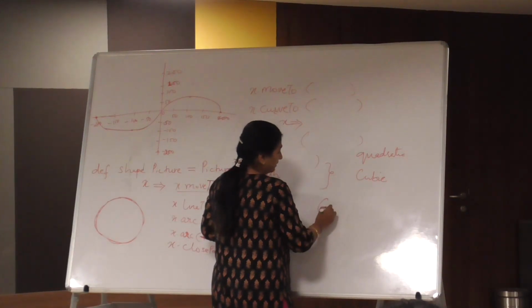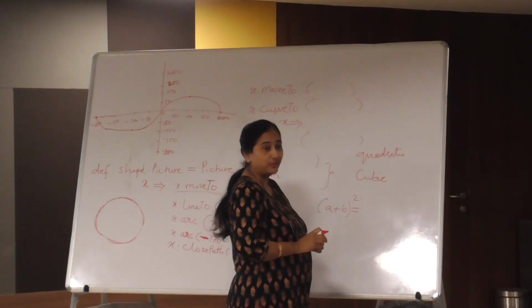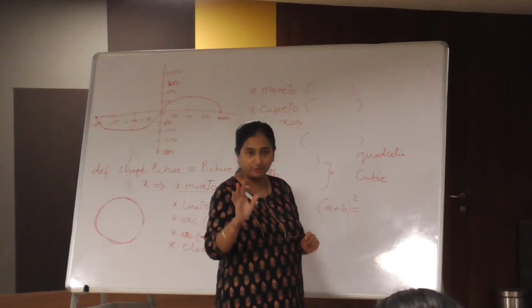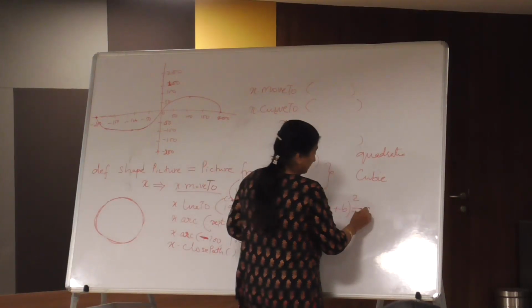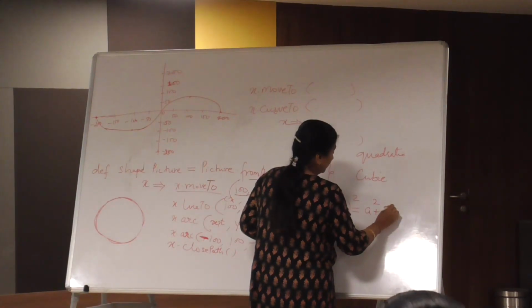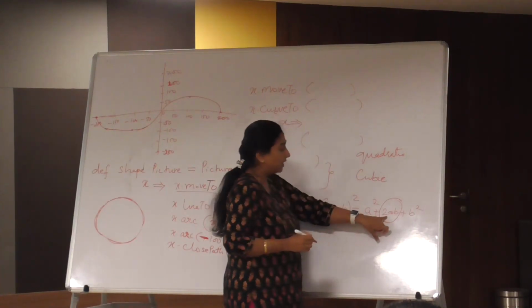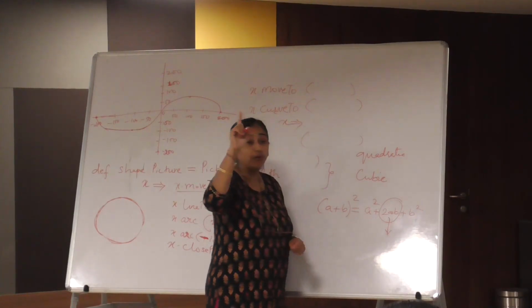How? Do we know the full form or the formula for a plus b the whole square? You need not remember this. Neither are you going to teach this. This is only for your information so that you remember why there is a control point. A square plus 2ab plus b square. So if you see, there is only one term which involves ab here, and hence this is only one control point.